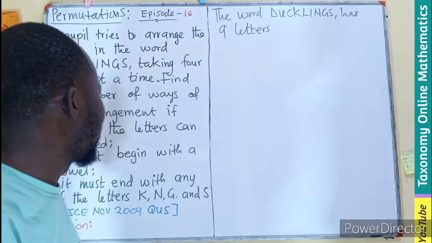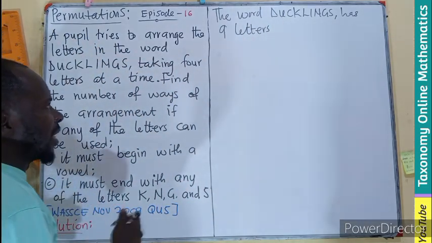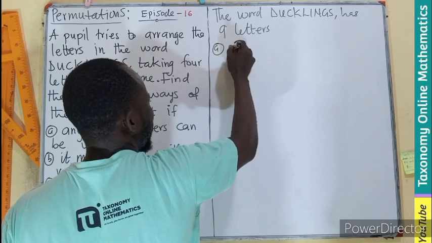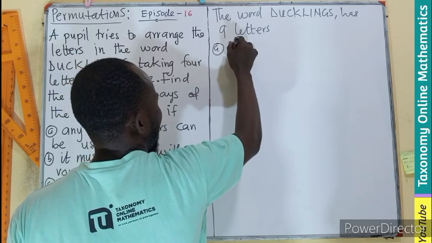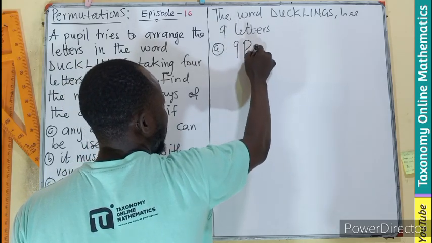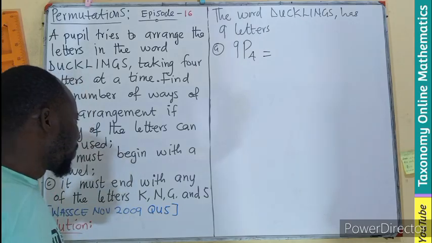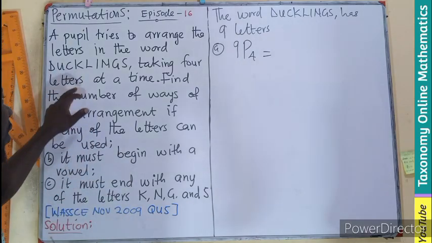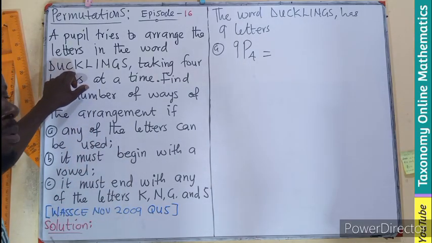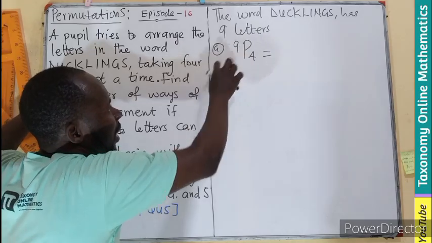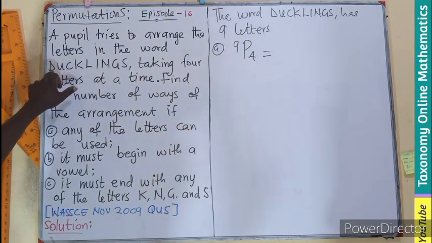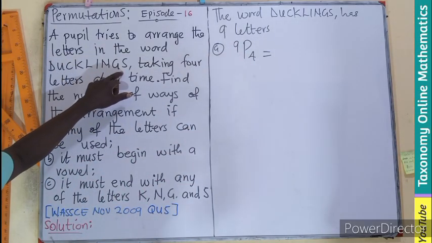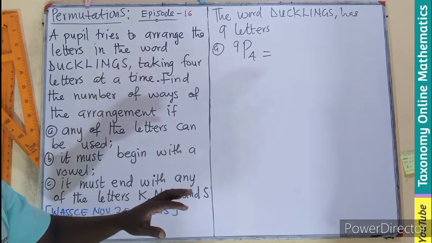So with 9 letters, picking 4 at a time. Remember, we are only saying that you are picking from all the objects. The number of options you have is 9, then you are picking 4 of them at a time.